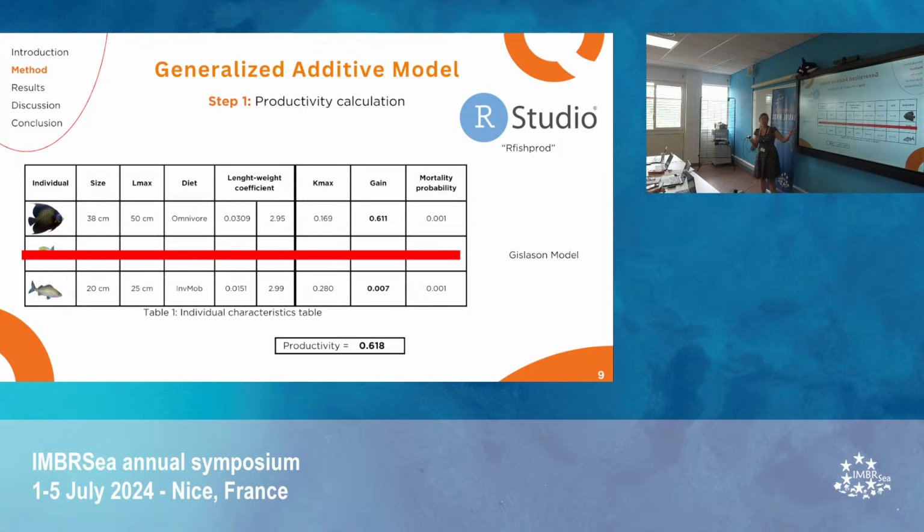Then, thanks to the Gislason model, we estimate the mortality probability and we remove stochastically some individuals based on it. Finally, the productivity is just the sum of the remaining gain of mass.